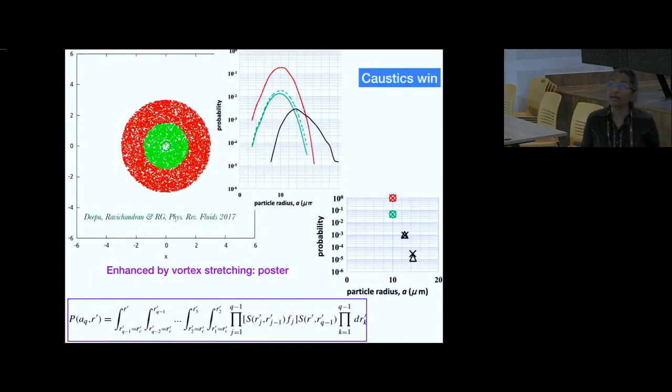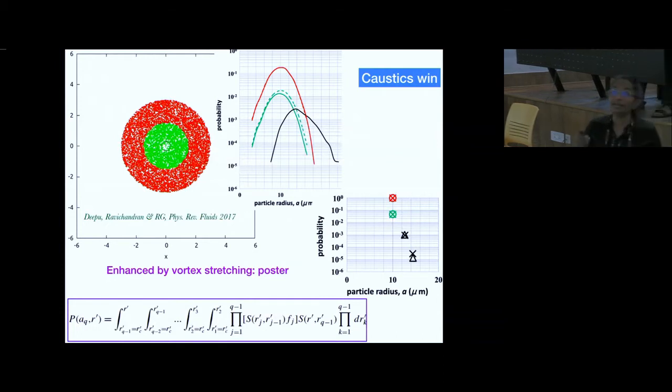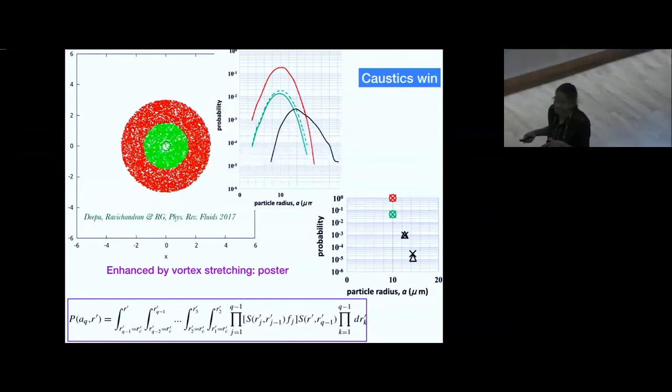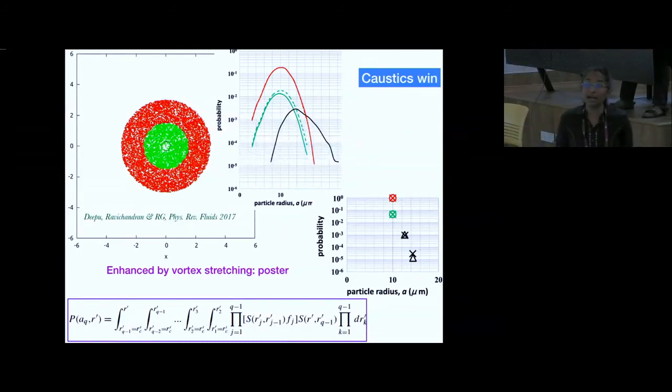Okay, so we've done this simulation. In this simulation, we've colored in green particles who are sitting inside the special radius that I talked about. And I've colored in red particles that are outside, or rather Deepu has colored them in red. So when I run this movie, you will see how the inner layer evacuates.